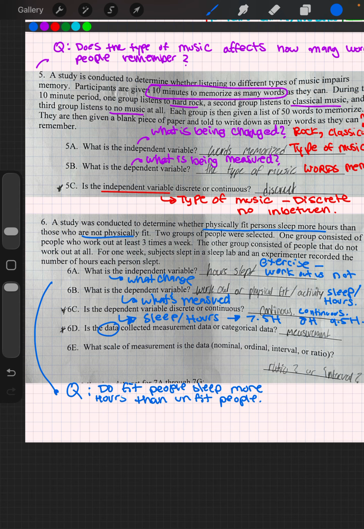Is the data measurement or categorical? It's going to be measurement, and this is also quantitative.